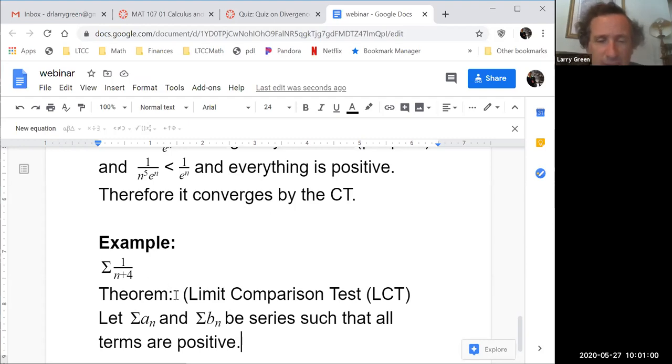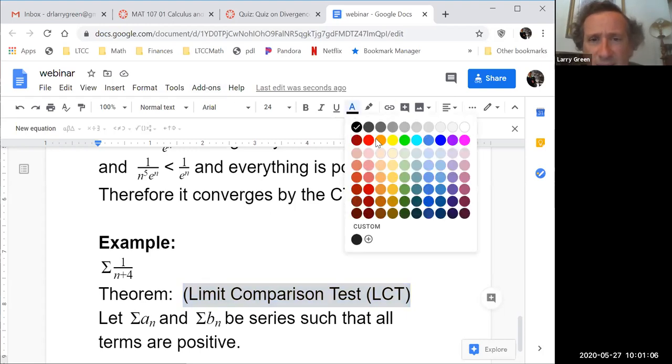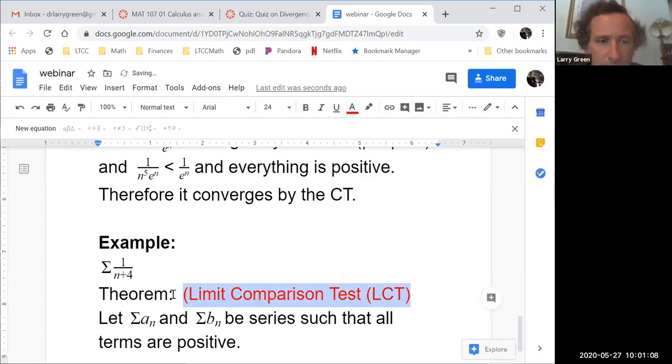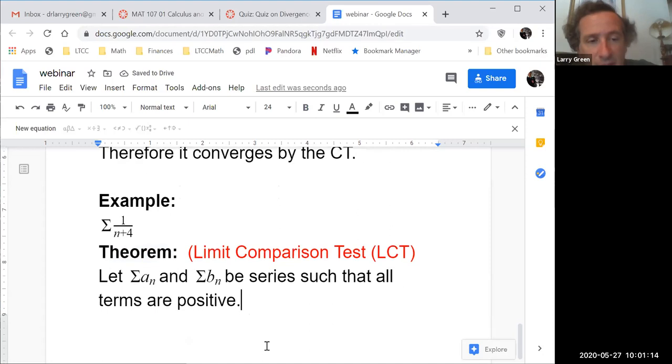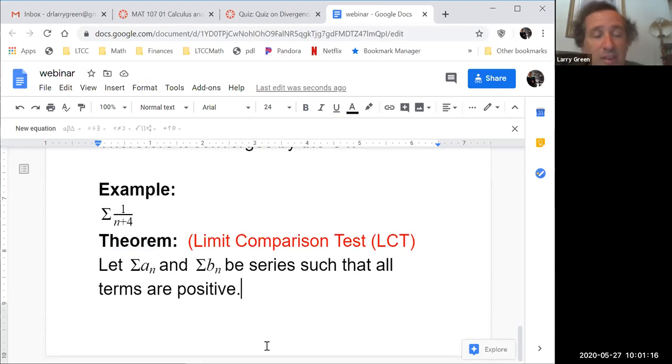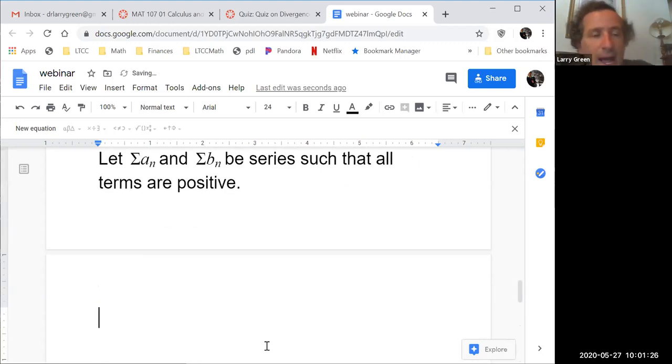Okay, well, then what we're going to do, and let me make that red. So let's suppose that we have a series, and we have another series such that all terms are positive. What we're going to do is take the limit of an over bn, and see what happens.